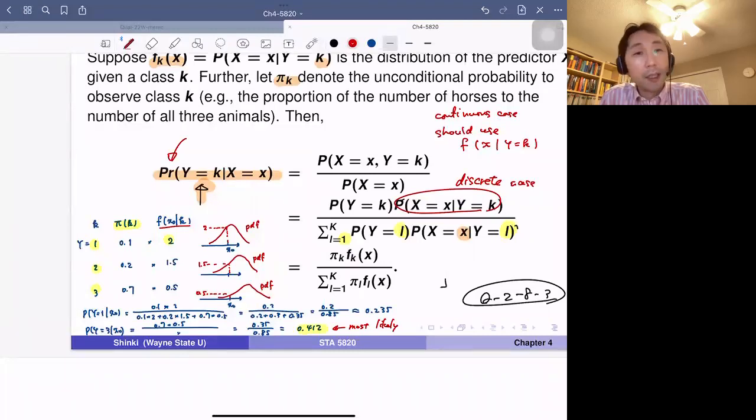So we have to use the density function to materialize that idea. But for conditional probability, if we use the density function, the discussion is much more complicated. So I used a trick and discussed only the discrete case, but the continuous case basically works in the same way with the density function.